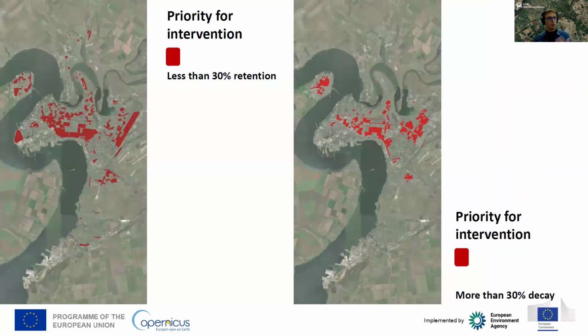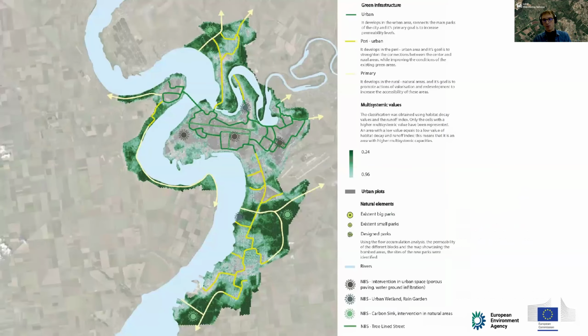In the end I got two maps that I call priority of interventions, because where I have little retention and a lot of decay, it means the green infrastructure needs to select certain features and say which kind of actions we want to prioritize in order to create more ecological continuity and a greener, more accessible city life in the near future.